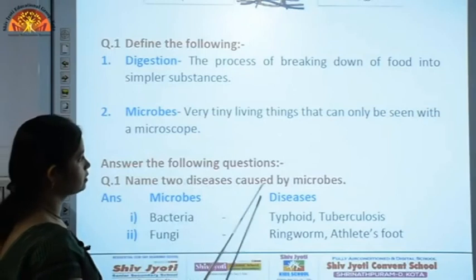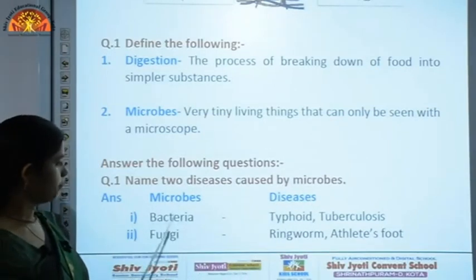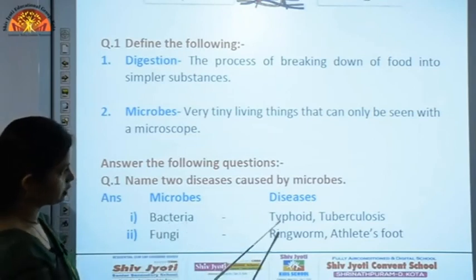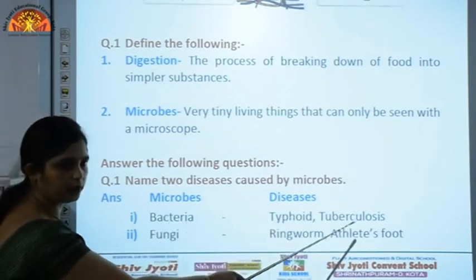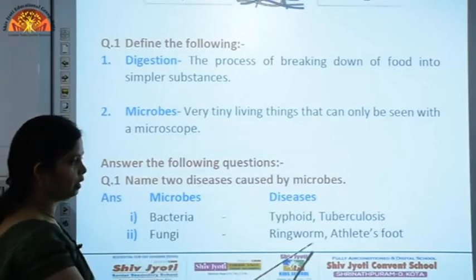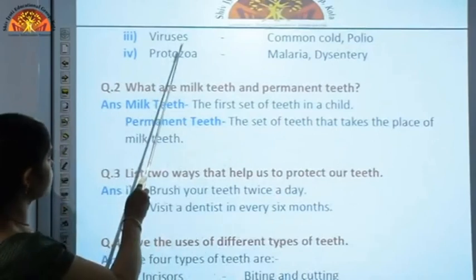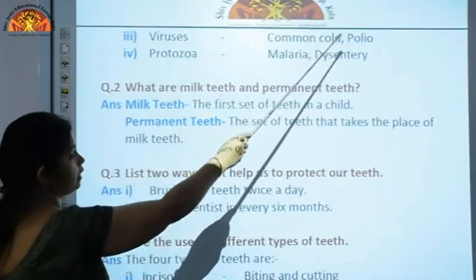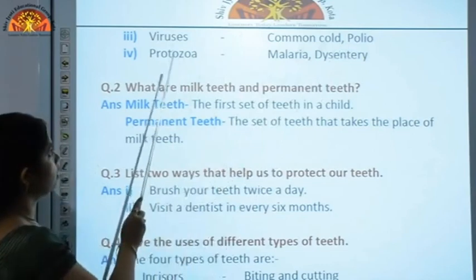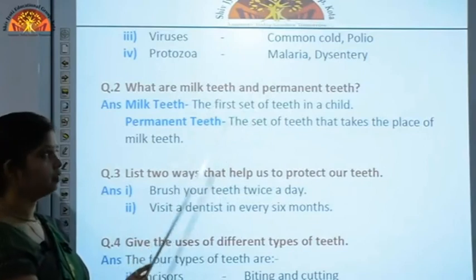Name 2 diseases caused by microbes. So first is bacteria. So bacteria causes the disease typhoid and tuberculosis. Then there is fungi. Fungi causes ringworm and athlete's foot. Then viruses causes common cold and polio. Protozoa causes malaria and dysentery. So these are some of the diseases.